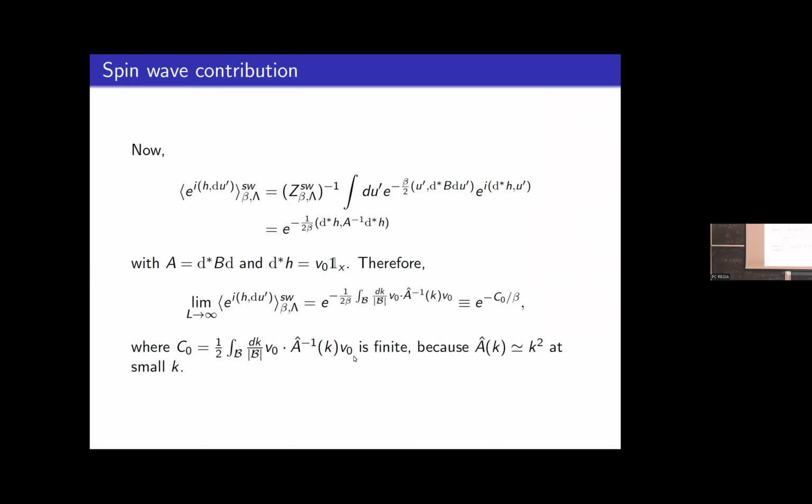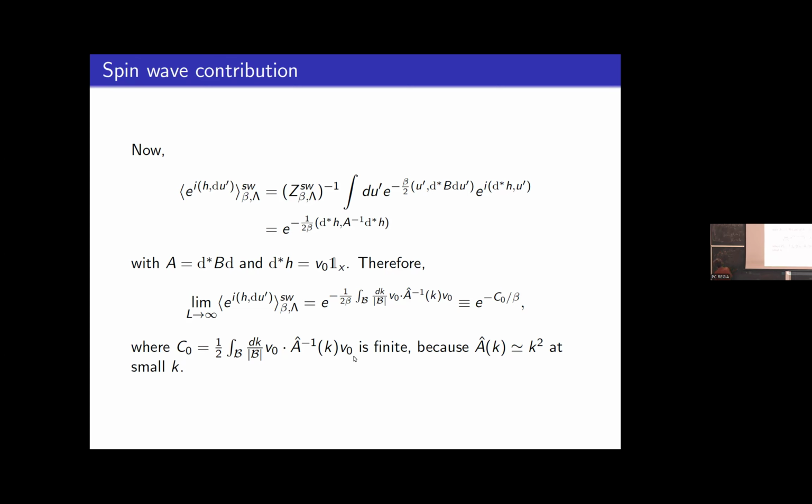So the resulting lower bound we obtained on our correlation function is of the form e to the minus 1 over 2 beta this integral, that is what I called C0, times e to the minus C beta same integral.